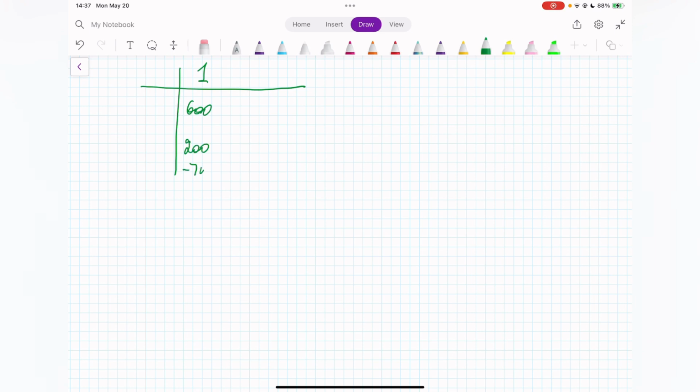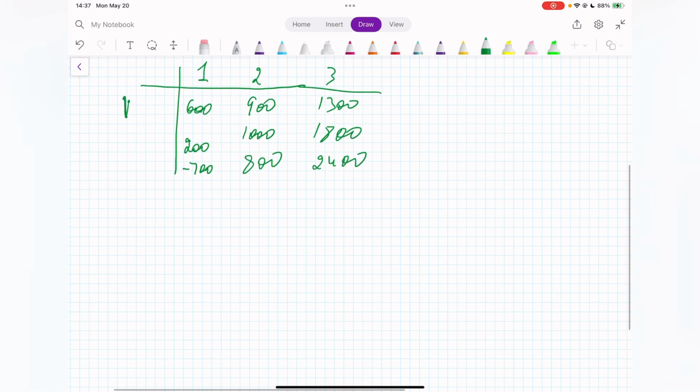Demand level 2: 900, 1,000, and 800. Demand level 3: 1,300, 1,800, 2,400. That's alternatives A, B, and C.